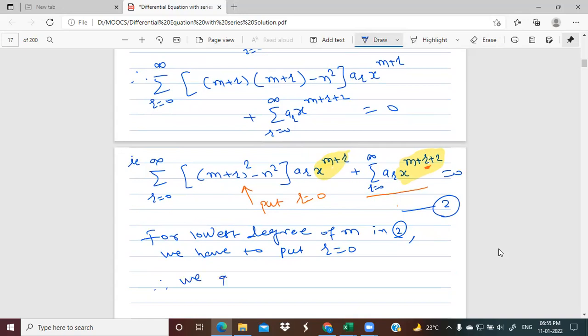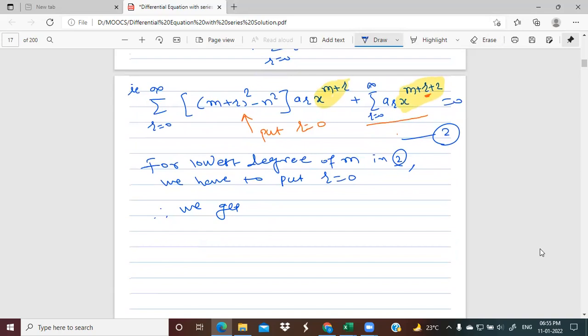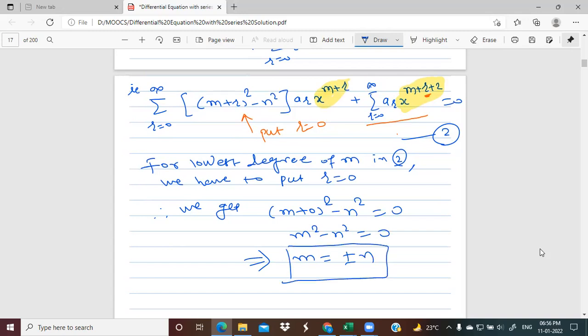Therefore, comparing, because the right hand side is 0, putting r equal to 0 we get m plus 0 whole square minus n square equal to 0. Therefore we get m square minus n square equal to 0, as we have stated in our theory also. Then we get m equal to two values, one is plus n and another one is minus n. Here a_0 is also there, but a_0 is not equal to 0.